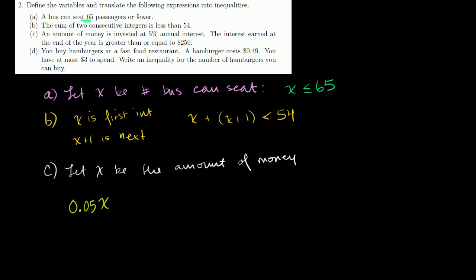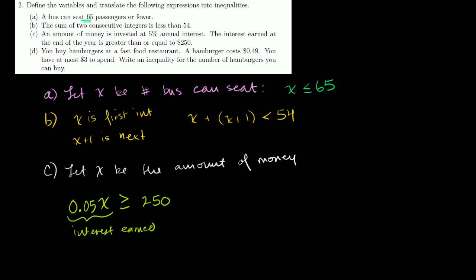So 0.05 times the amount of money invested, that is the interest earned, is going to be greater than or equal to $250. So that's what we did. We set up the problem into an inequality.